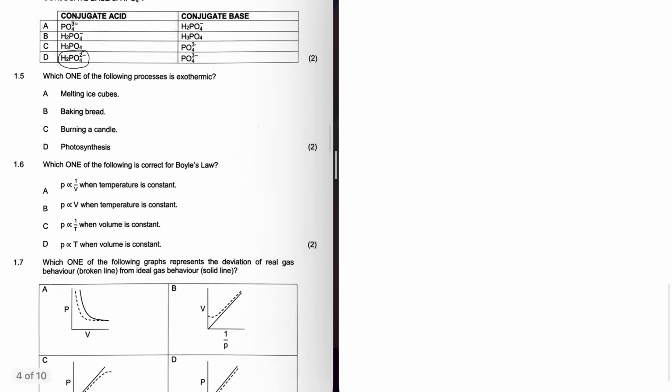Now, question 1.7, which one of the following graphs represents deviation of a real gas behavior, broken line, from an ideal gas behavior, solid line. So we have PV, so we are examining the relationship between pressure and volume. And we know that pressure and volume are inversely proportional.